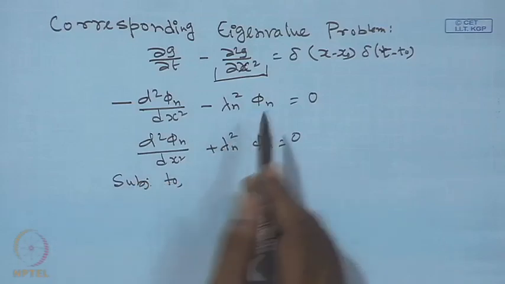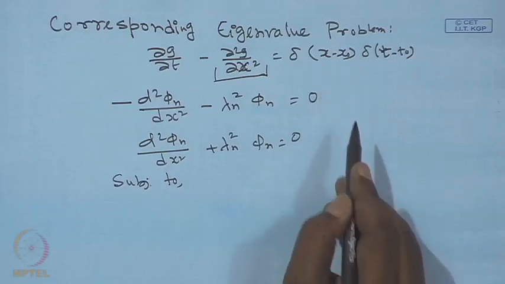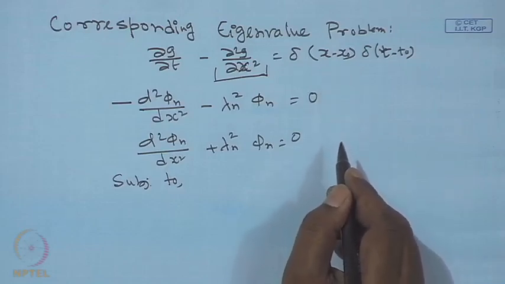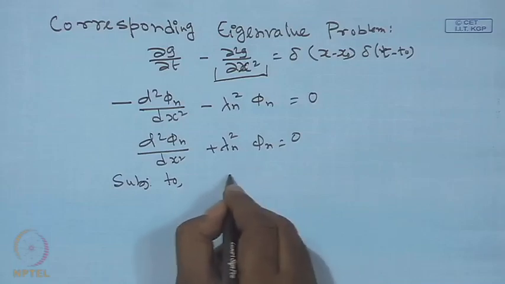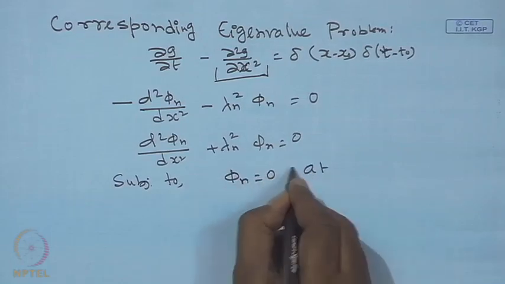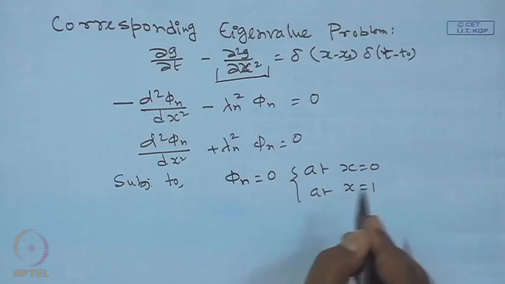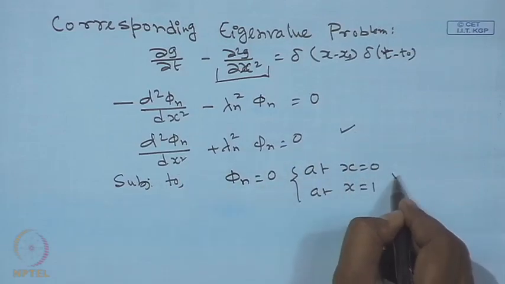The original problem is basically the G problem. If you look into the boundary conditions of G, both are homogeneous. Therefore, we have phi_n equal to 0 both at x equal to 0 and at x equal to 1. We know the solution of this problem.